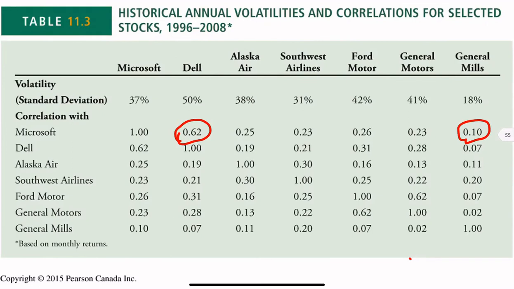Because they belong to the same industry, the returns of their stocks tend to be correlated. Now Microsoft is in the IT industry, and General Mills, I don't know, let's just say General Mills is in the food industry. So a firm in the IT industry should naturally have low correlation with a firm in the food industry. So that's why you get a 0.1 here.